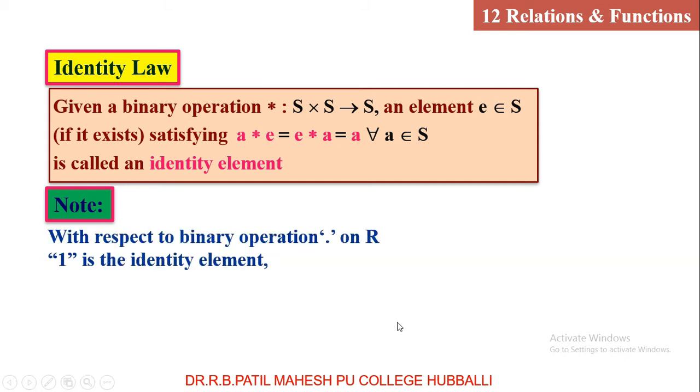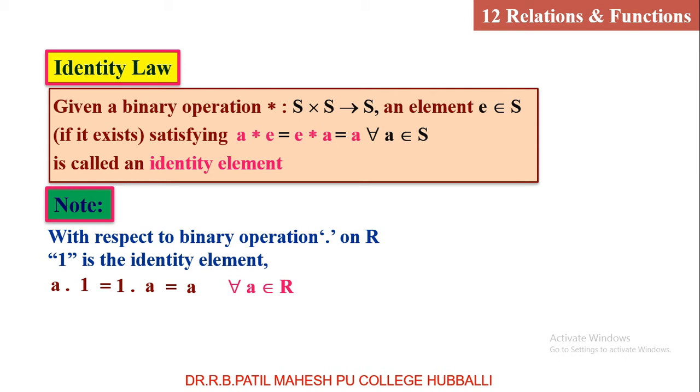With respect to the binary operation multiplication, dot, on the set of real numbers, 1 is the identity element. How is it going to be the identity element? Let us see. A into 1 is equal to 1 into A. Definitely that is equal to A, no doubt, for every A belongs to the set of real numbers.